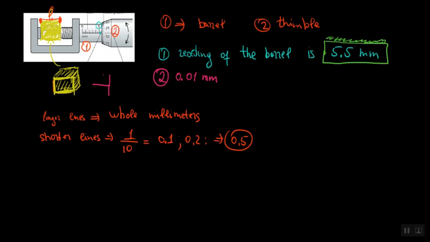Let's say that if this one is a barrel, let me show it with the light blue color, and if the red one is showing the thimble, I have to look at exactly where the reading of the thimble is exactly perpendicular to the scale of this one.